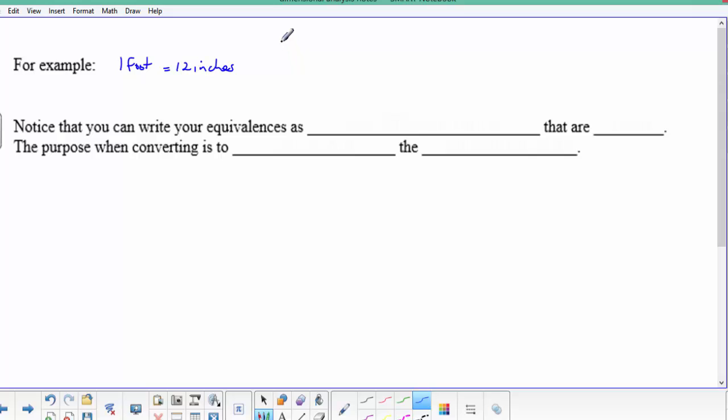So ratio-wise, what we can say is 1 foot over 12 inches, times, so if we have 1 foot, we can convert it so it cancels. 1 foot is equivalent to 12 inches. Foot cancels with foot, inches cancels with inches, and we are left with 1.